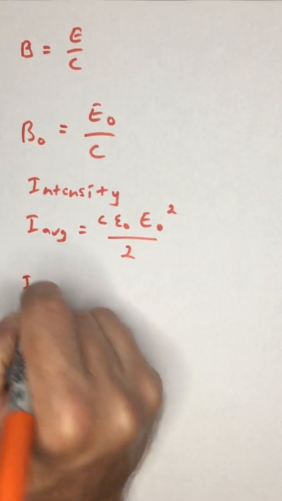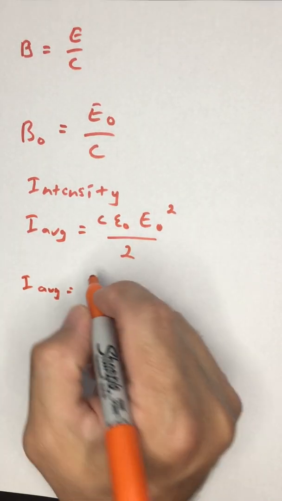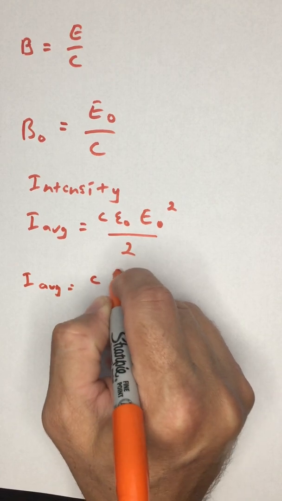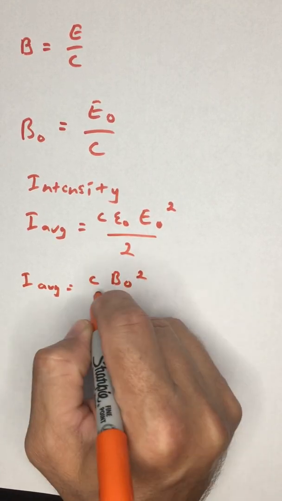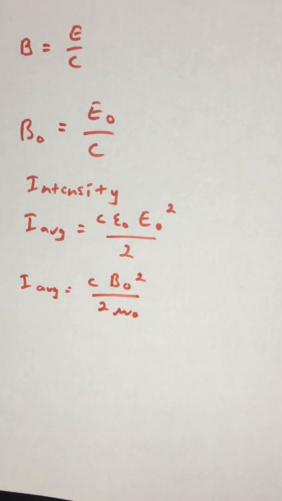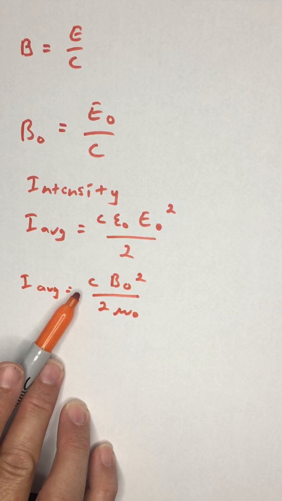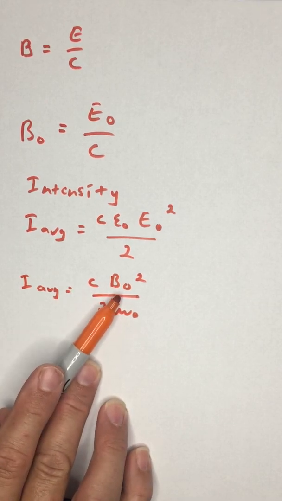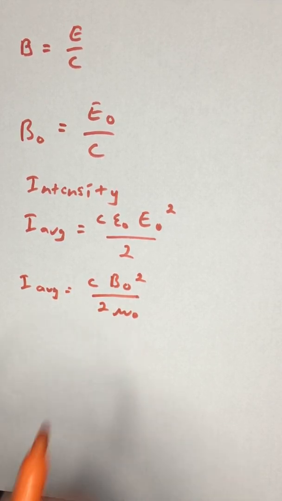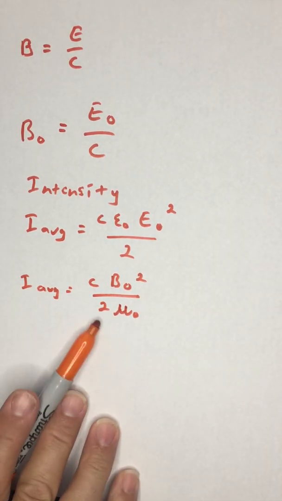Now, we have another one, I average, in terms of the B field, which is this. Speed of light again, maximum B field squared over 2 mu naught. So I still have a 1/2 here. I still have the speed of light. I've got the max B field, but now I have the magnetic permeability, mu.